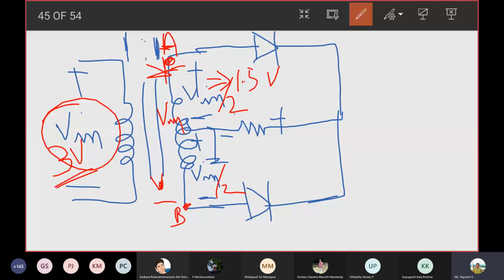Is it clear? Are the rectifiers clear? Please respond. If it's not clear, if you want me to repeat any particular logic, I'll be happy to repeat. But I really hope it is clear.